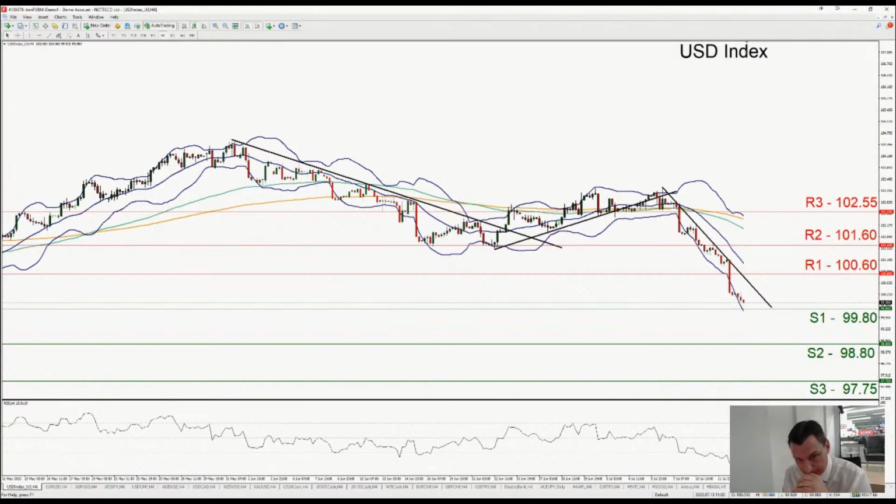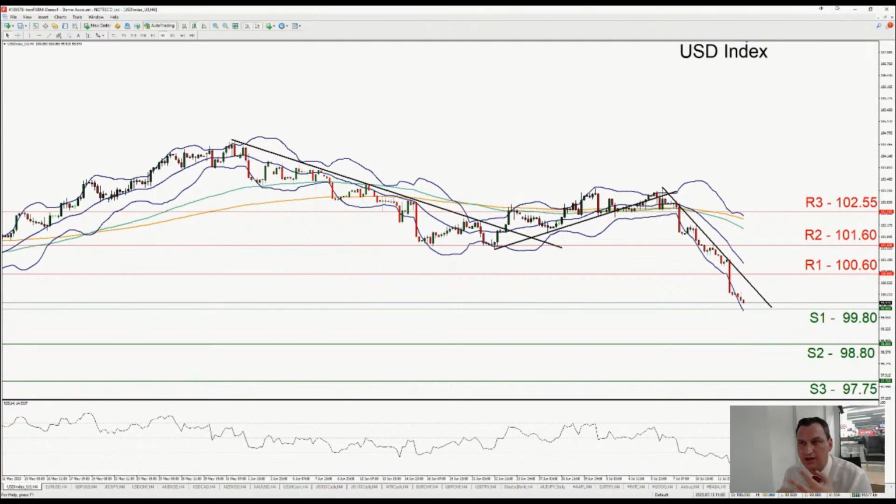In my opinion, we may say that the weakening of the US dollar since the end of last week was a result mainly of financial releases. We saw the release of the US employment report for June starting to weaken the US dollar on Friday.